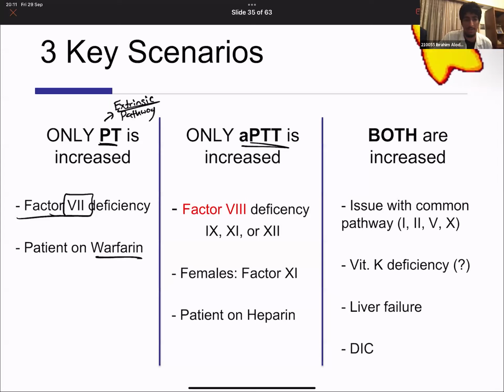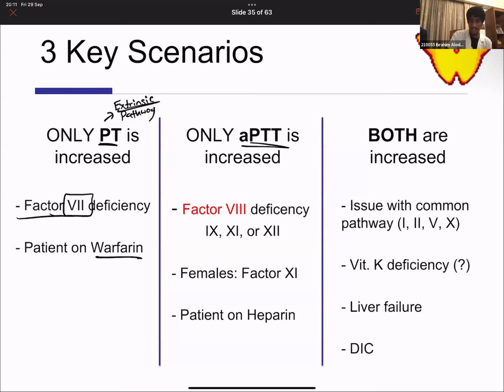Let me see where your confusion is coming from. Oh, because tissue factor is needed to activate the extrinsic pathway? Tissue factor is not a clotting factor, and these tests are only checking the clotting factors. So for PT, don't think about tissue factor, just think about factor 7.